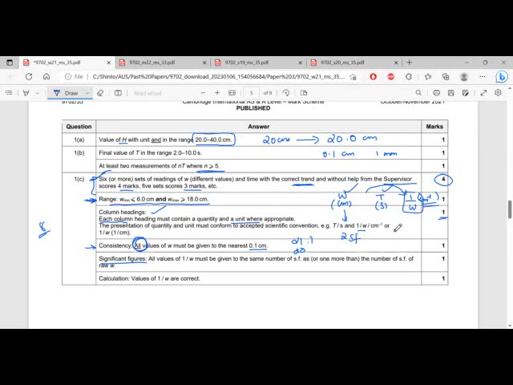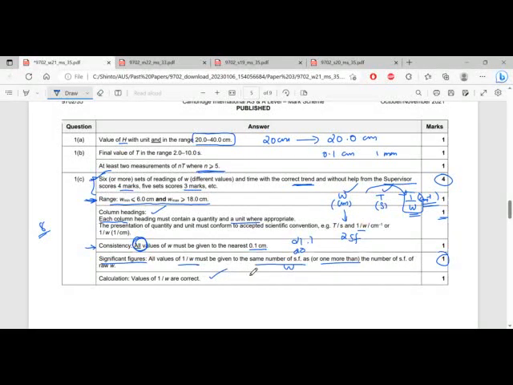So how many significant figures do you have to take in this particular column? When these reciprocal relations are involved, 1 by W should have the same number of significant figures as that of W or one more than that, and it should be consistent. Then only you will be able to score this 1 mark.